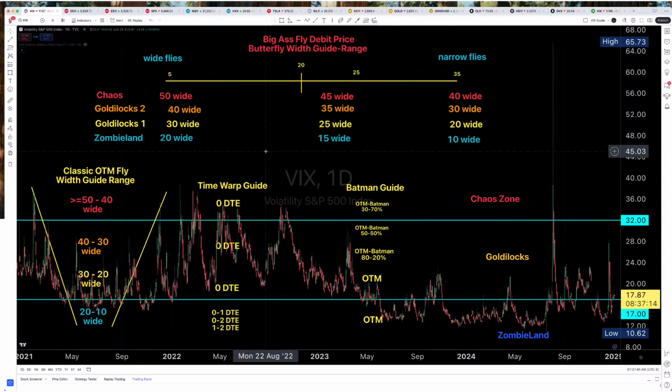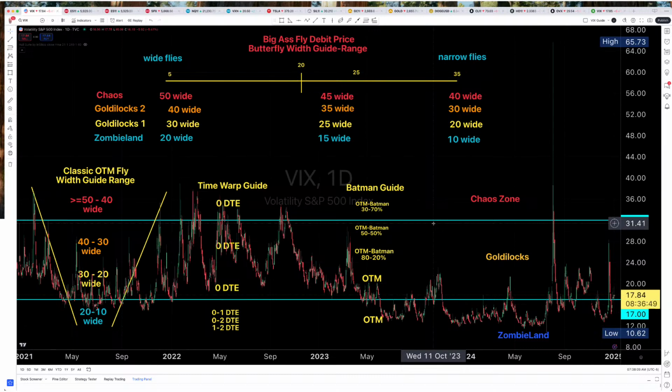And first, volatility. This is the VIX. It's a daily view. You can see we're going all the way back to 2021. Not necessary to go all the way back to 2021, but the reason I have that all up here is so that we can see our guide and how I have it printed here.